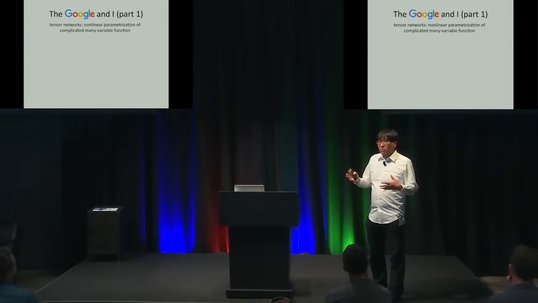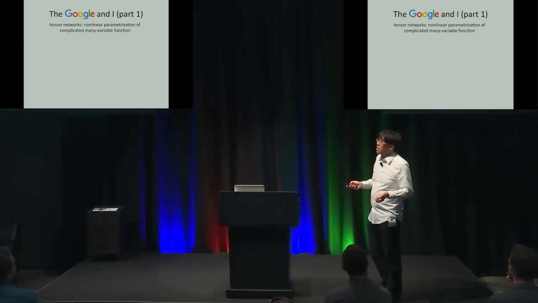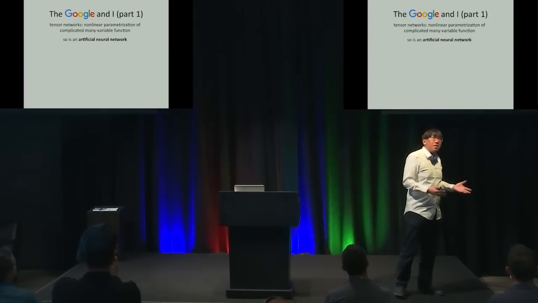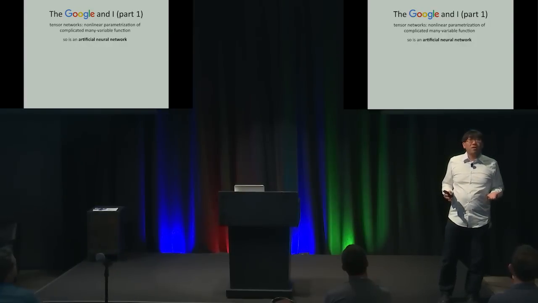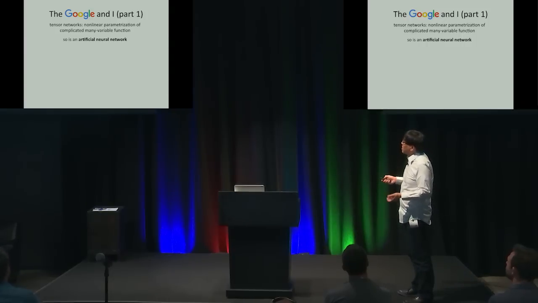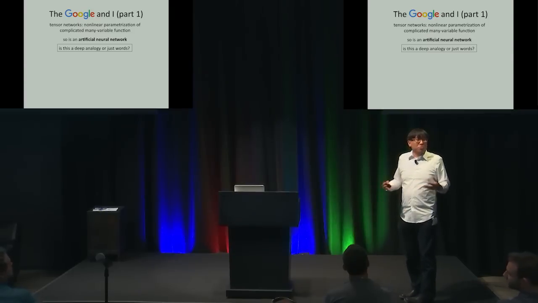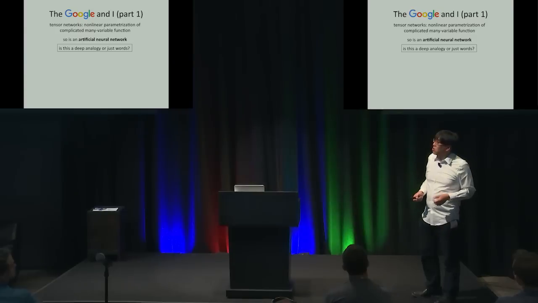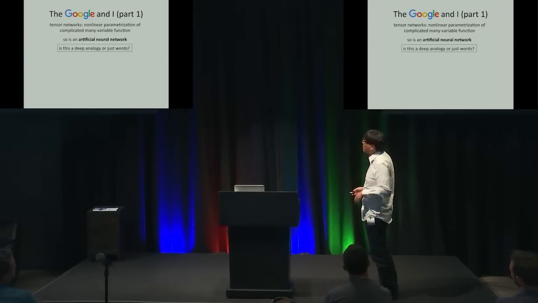And there might be some of you who have seen this type of phrase used in a different setting, because an artificial neural network is also just a nonlinear parameterization of a complicated many-variable function. And so you can ask, well, is this similarity a deep analogy, or is it just words? And the answer to this, no one really knows for sure right now, but it really looks like there's a very compelling resemblance between the two.